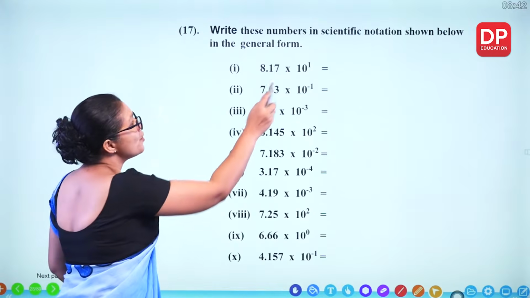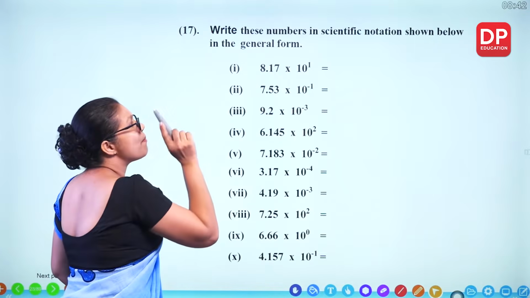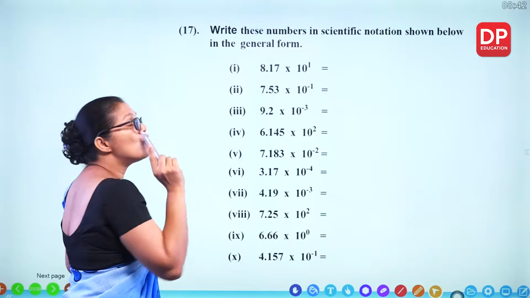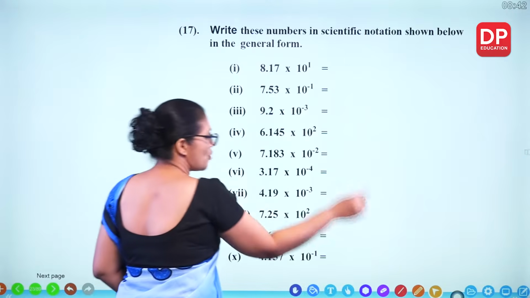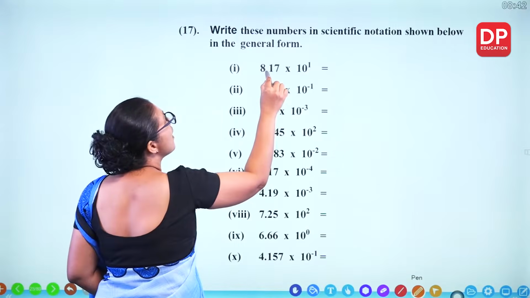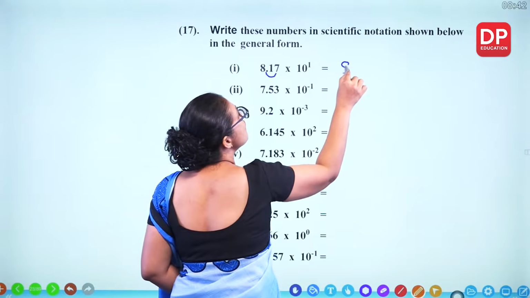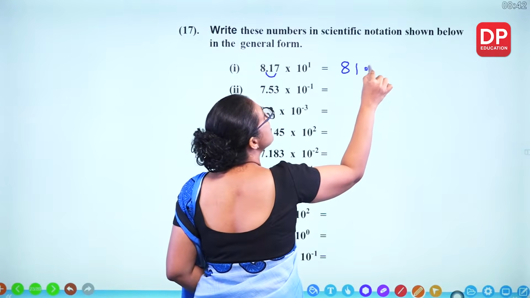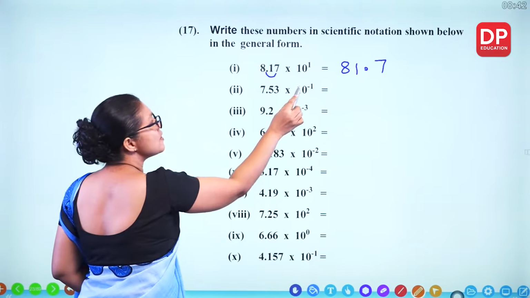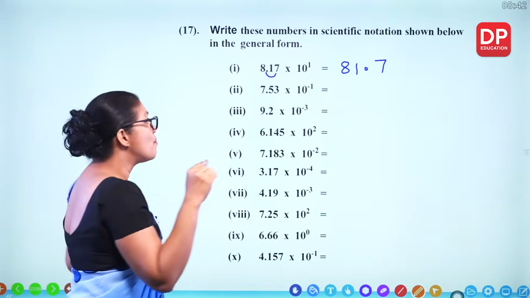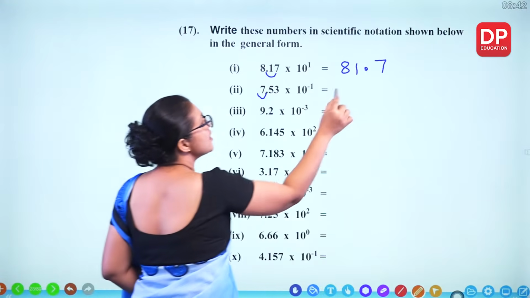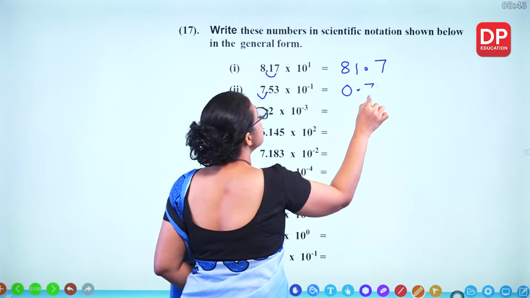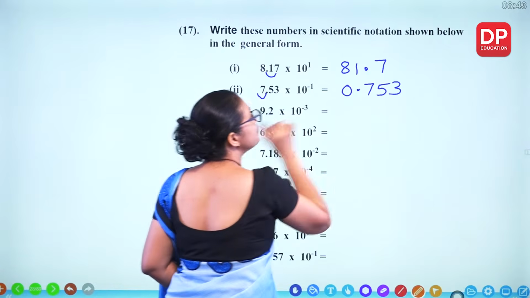So what you do? 10 to the power 1, positive power. So you move the decimal place 1 place to the right. So here you get 81.7. This one negative 1. So you move the decimal place 1 place to the left, 0.753.